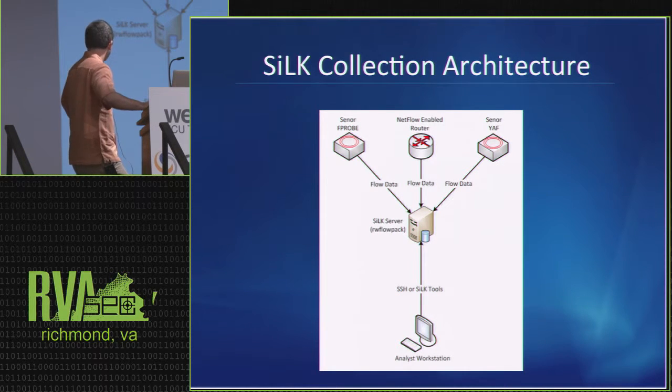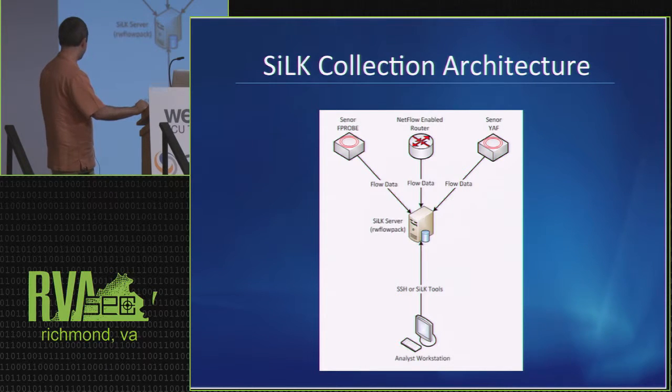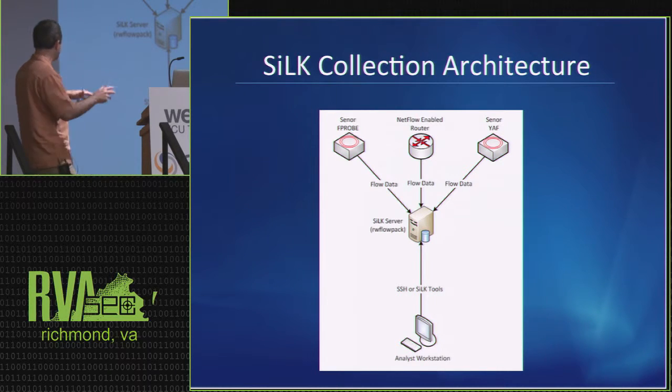A typical Silk collection architecture is really simple. You'll have an fprobe sensor maybe generating some NetFlow version 5 or Cenior. You'll have some sort of router that's sending flow data, and you have YAF or something that's sending some IPFIX data. These can all be sending to this one Silk server that's running the packing suite, namely rwflowpack, the tool that runs on there. It's collecting based on the sensor configuration.